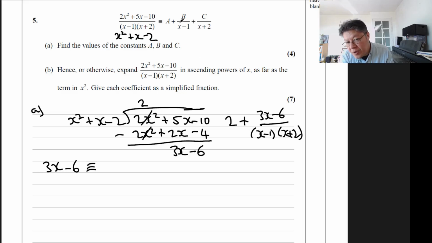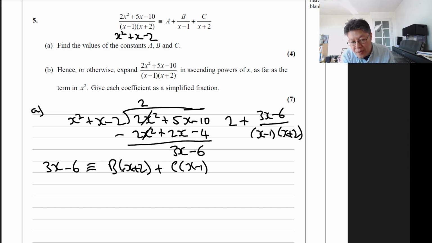We just look at this term, and we only have an x − 1, so we have to multiply top and bottom by x + 2. So that's B(x + 2), plus, and the C term, we're missing the x − 1, so we'll times top and bottom by x − 1. So we get C(x − 1), and we don't bother writing the denominators, we just write the numerators only.